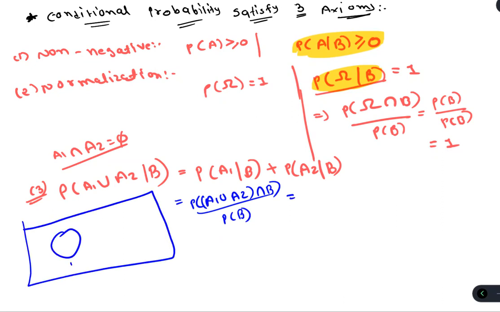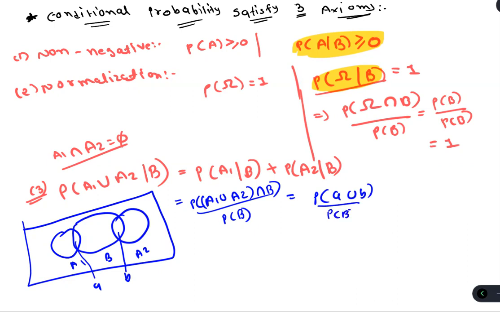This is our A1, this is our A2, there is nothing common between A1 and A2, and this is our B. So A1 union A2 intersection B will be P of A union B upon P of B. You can check, there is nothing common here. We merge these two, and the common part with B is this part from here and from here.